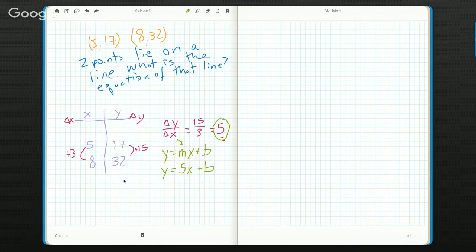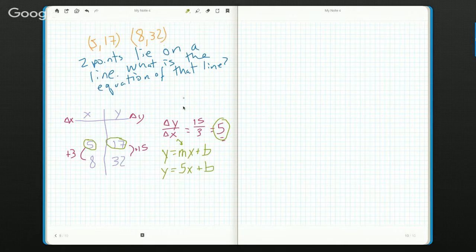Now we know something very interesting about all points that are on this line. All points must make this equation true. So if we take this x and this y and we plug them in here, then it must be true.